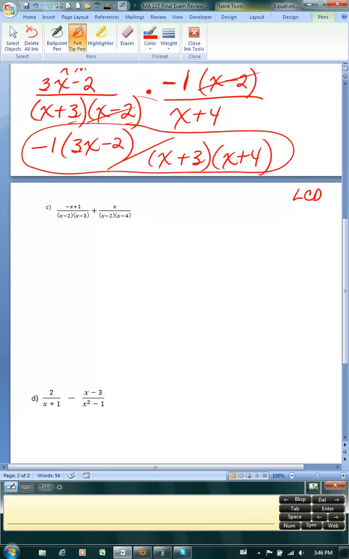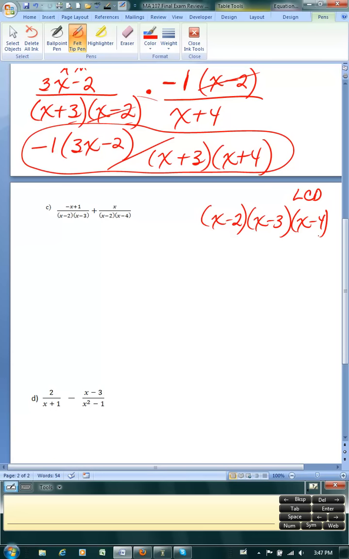My least common denominator is one of everything in the denominator. So the LCD would be x minus 2, x minus 3, and x minus 4. Okay, because you need the highest amount of each part.